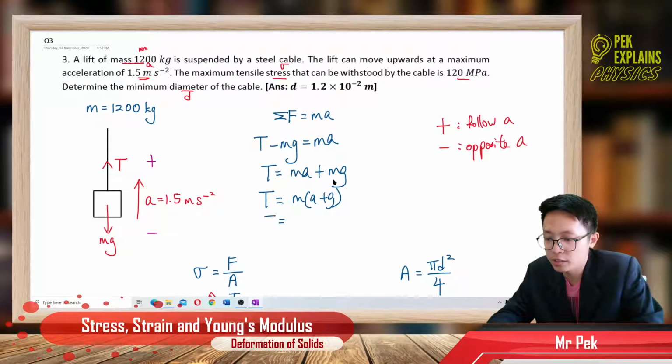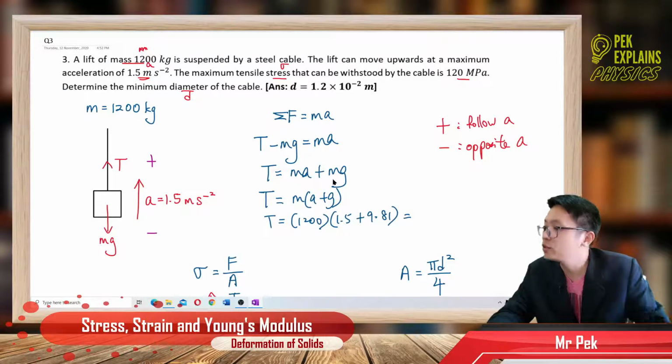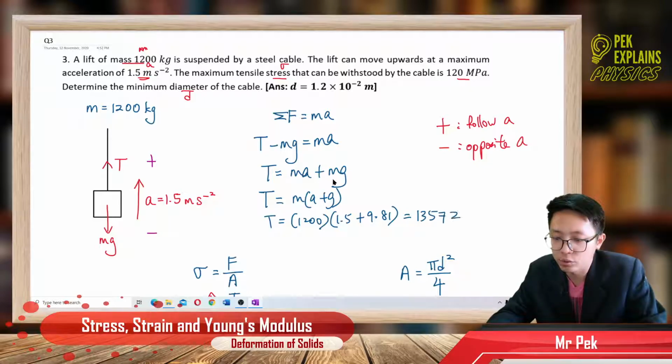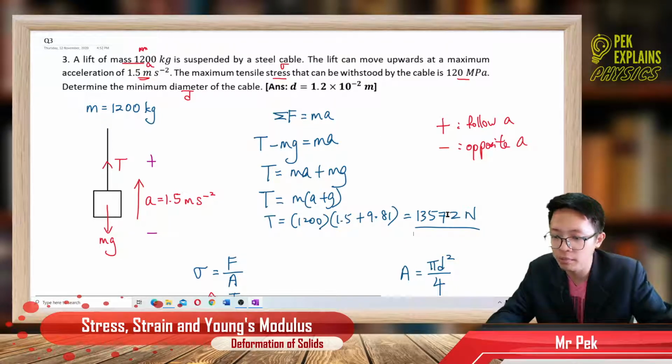So tension is what's the mass? 1,200, and then acceleration is 1.5, and g is 9.81. And so what I get? 13,572 Newton. That's the tension in the steel cable.